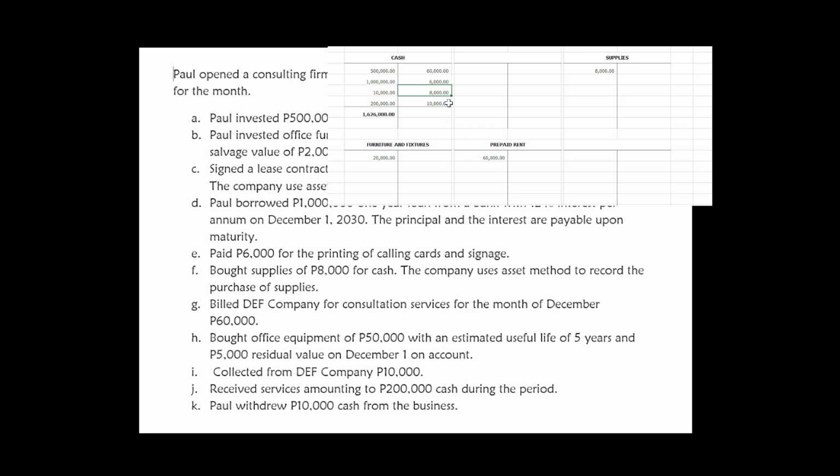Next, bill DEF company for consultation services for the month of December, 60,000. Okay, so nag-bill tayo. So kapag sinabing nag-bill, ibig sabihin, nagkaroon tayo ng accounts receivable kasi hindi tayo nakatanggap ng cash. So debit tayo ng 60,000 of accounts receivable.